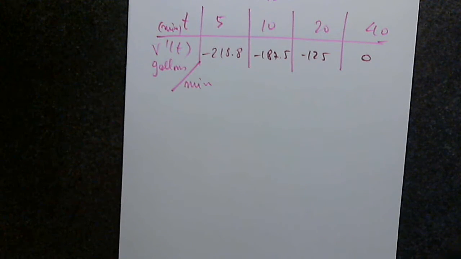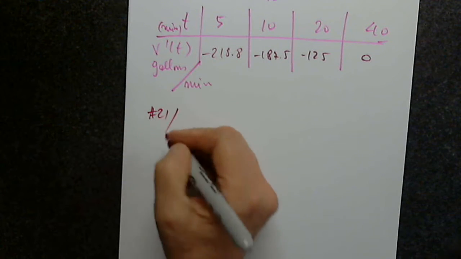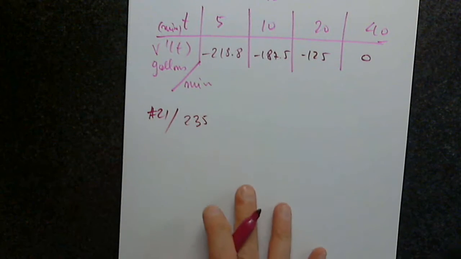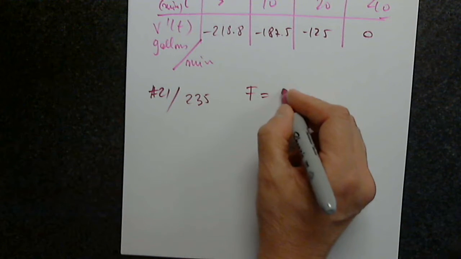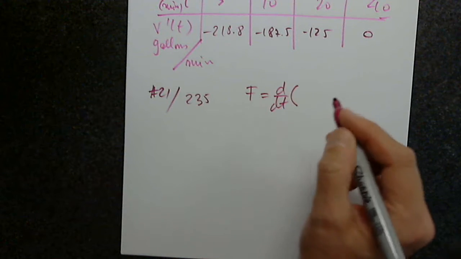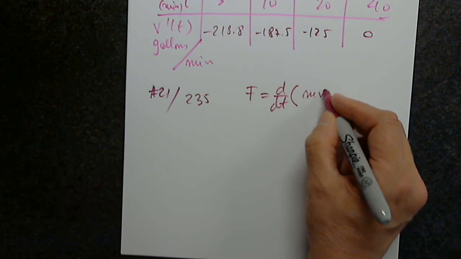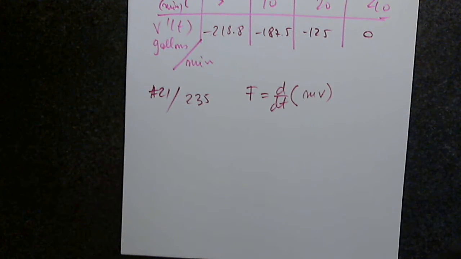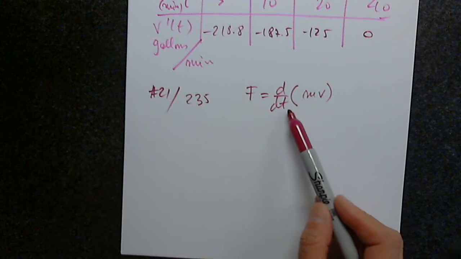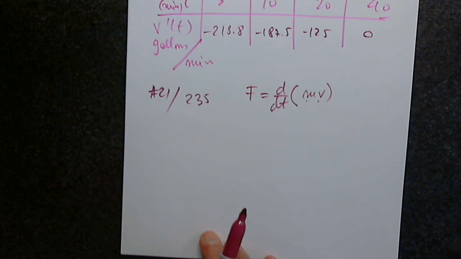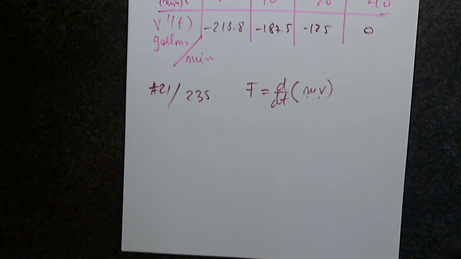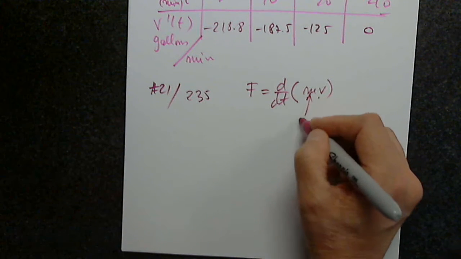And this is problem 21 on page 235. And I have a lot of things to copy here. So we have that F is d over dt of mv. So F is the force and is the derivative with respect to time of the product of mass and velocity. Okay, let's read on.